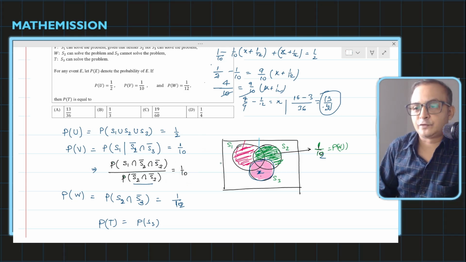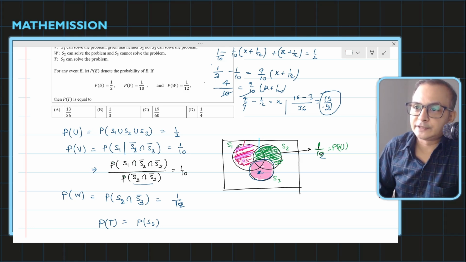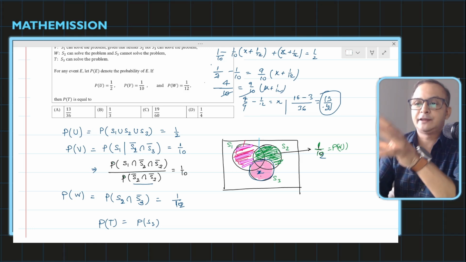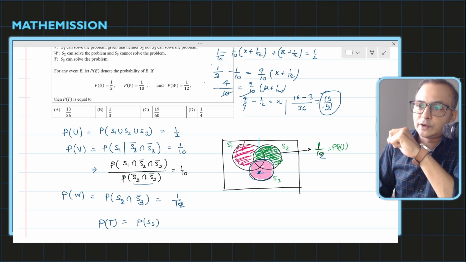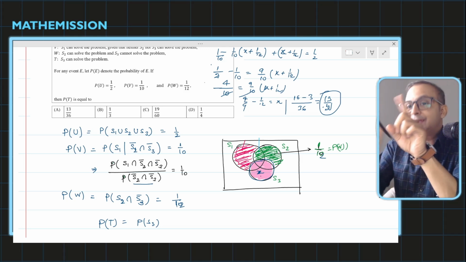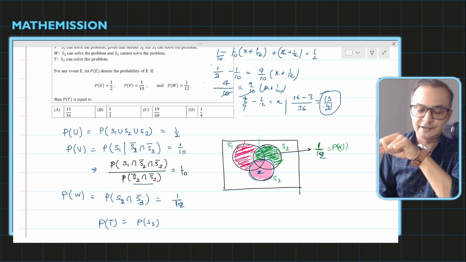But I have to find this whole thing. I need to find this red region originally, meaning what is the contribution of this red region with respect to the entire region, not with respect to S2 dash intersection S3 dash.